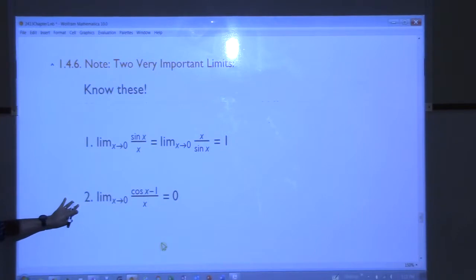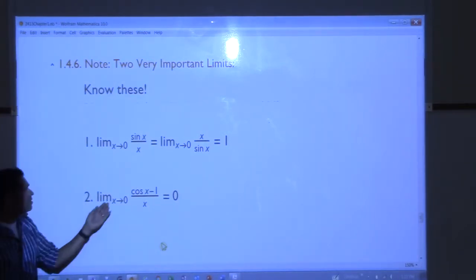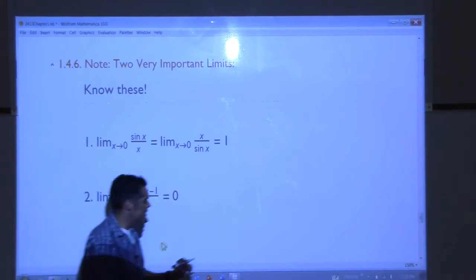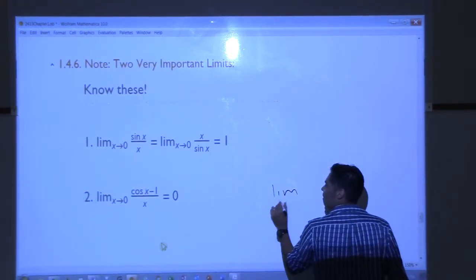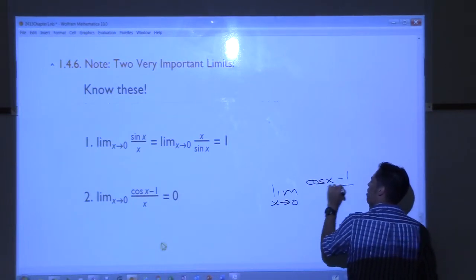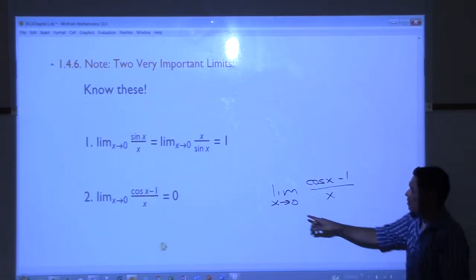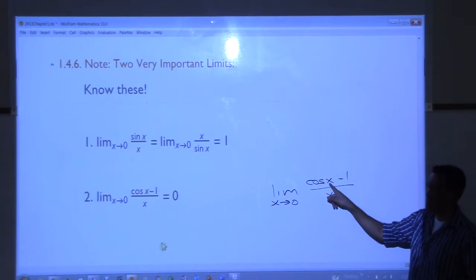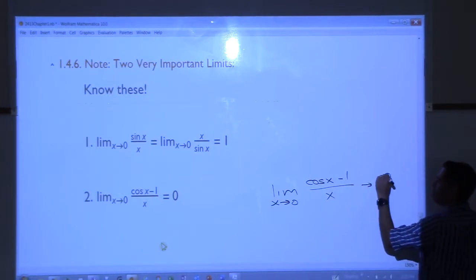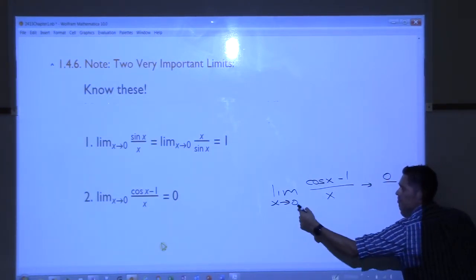Now this one doesn't come up as much, but it is similar to this one. If you ever see this, let's see what happens if I take this limit. I'm telling you the answer is 0, but let's see what happens when we try and just plug 0 in. What is cosine of 0? 1. So 1 minus 1 on top would give us 0. And on the bottom, if I let x go to 0, that's going to go to 0.